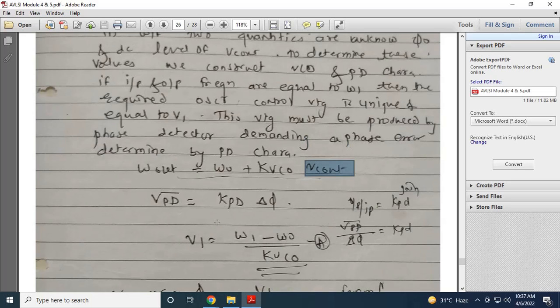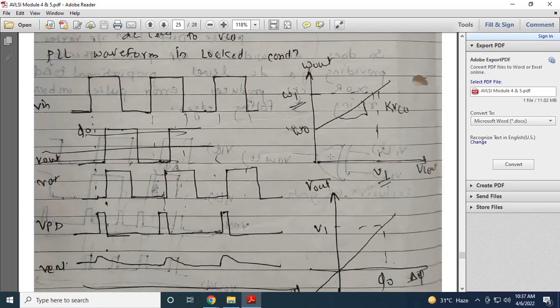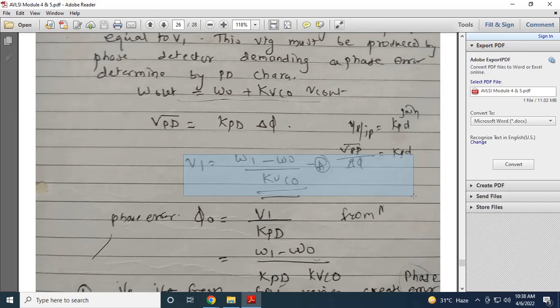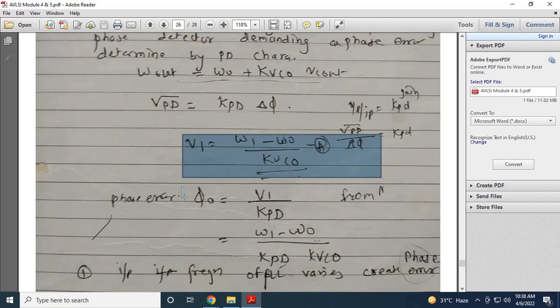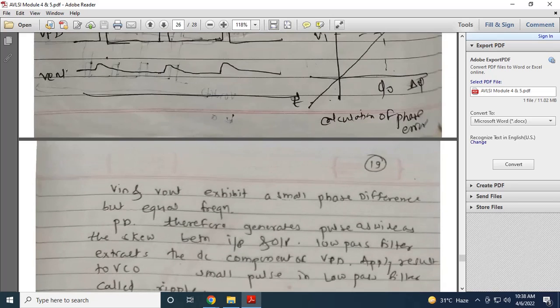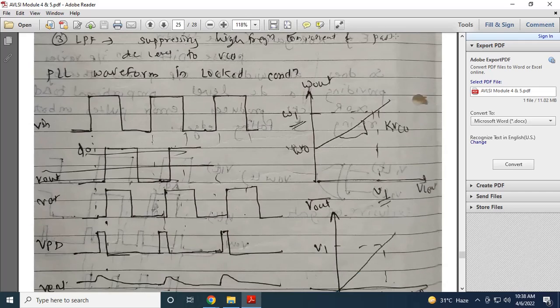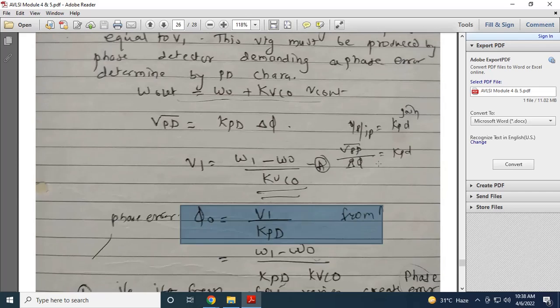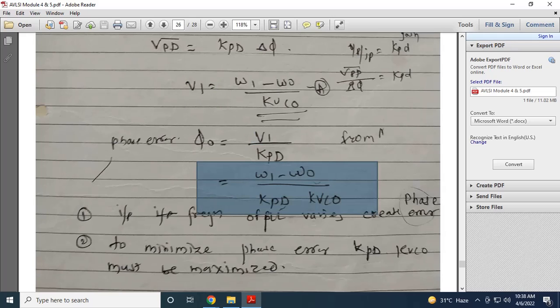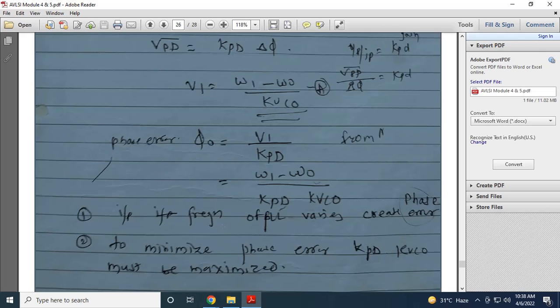So V1 is equal to omega 1 minus omega 0 divided by KVCO. So phase error is V1 divided by KPD. We have the V1 here, we can put the equation of V1. So phase error is equal to omega 1 minus omega 0 divided by KPD multiplied by KVCO.